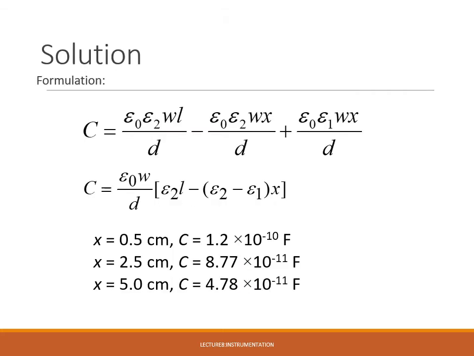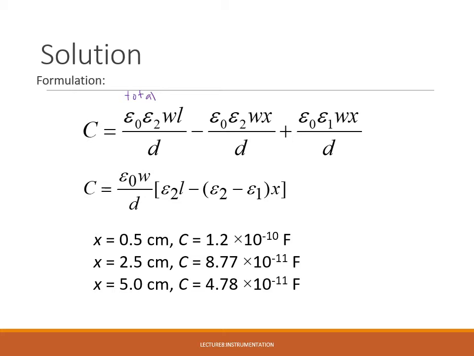The solution will be depend on how much the displacement of the dielectric material has been displaced. So the first one here is the total capacitance when all the material it is between the plate.